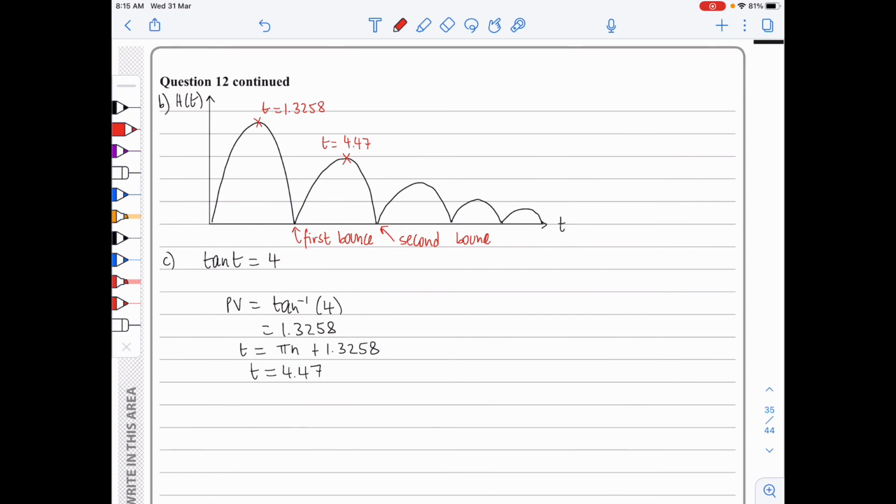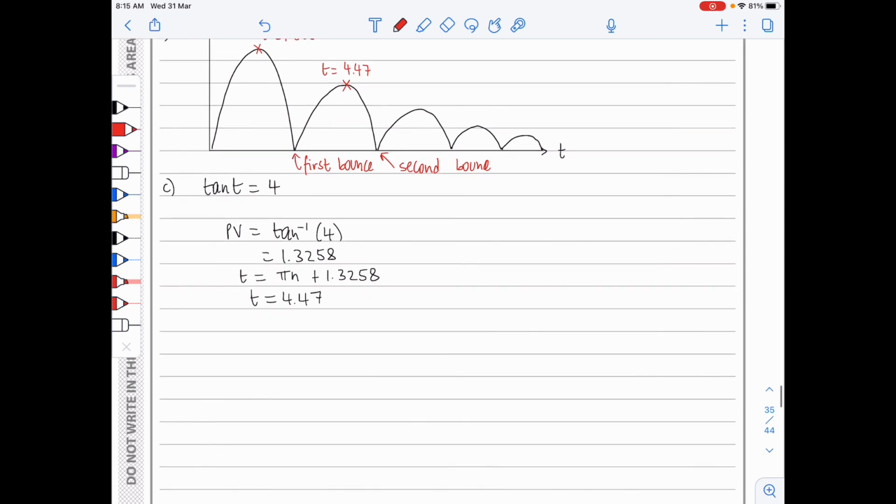We need to find this maximum height. So I'm just gonna say that h of 4.47 is simply 10e to the minus 0.25 times 4.47 sine of 4.47. Remember to use full accuracy here. We get an answer of 3.18 meters.